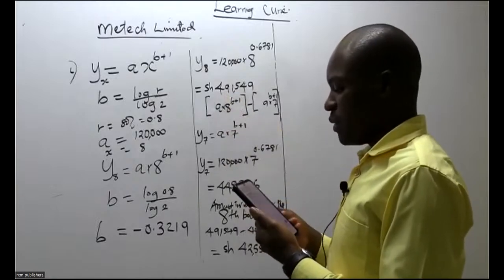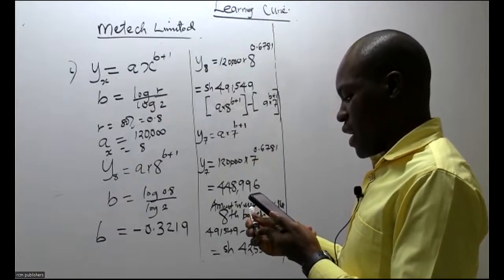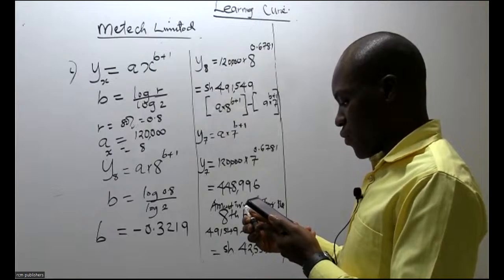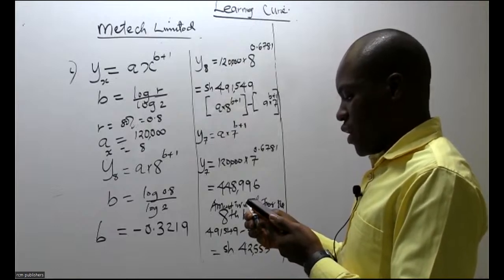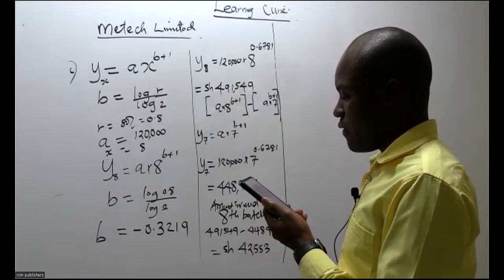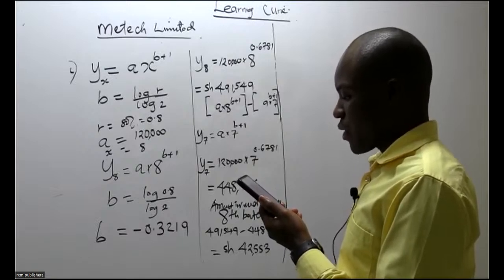Then look at the statement given in additional information number 3: the direct labor cost is expected to reduce due to the effects of learning for the first 8 batches produced.